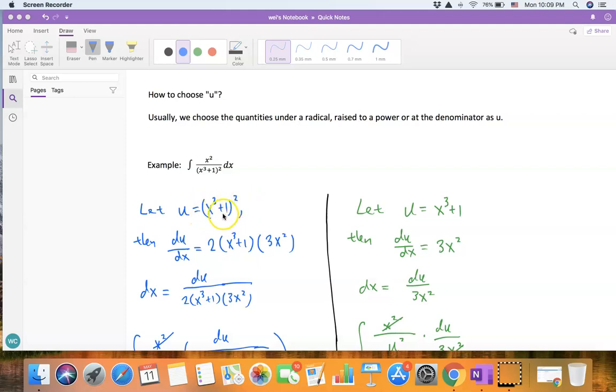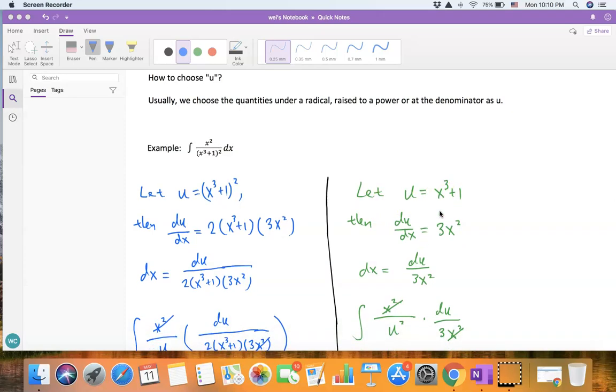So he decides this to be U. The second person follows this, the quantity raised to a power. He saw x to the third plus 1 raised to the power 2, so he decided to let this be U. Now let's continue and see what happened to each person's result.